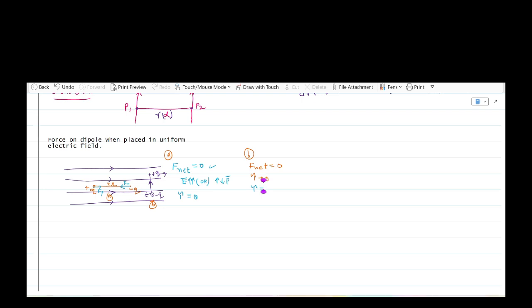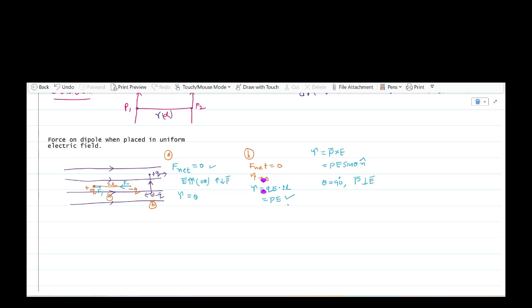Therefore tau is equal to force, qE, into the perpendicular distance 2L, so that is equal to PE. Actually we know that tau is equal to P bar cross E bar, that equals PE sin theta n cap, where theta is equal to 90, that means P bar is perpendicular to E bar.